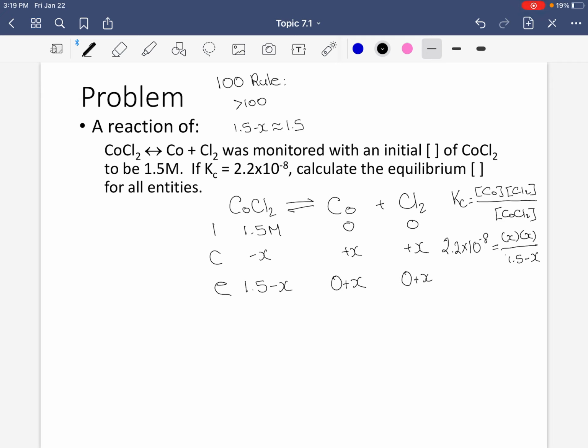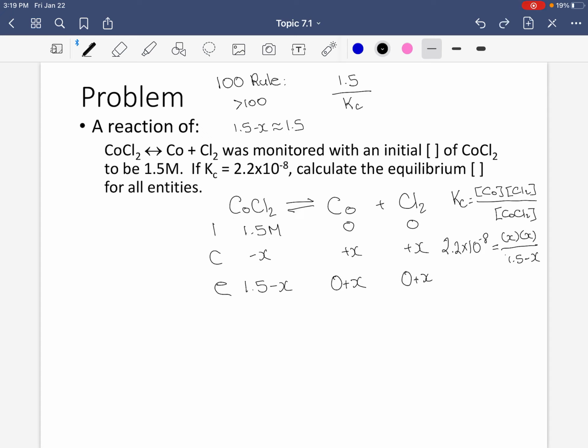So let's test it out. Now, to do it is very simple. You take 1.5, which is the original concentration, and you divide it by Kc. So you take the original concentration and you divide it by Kc.